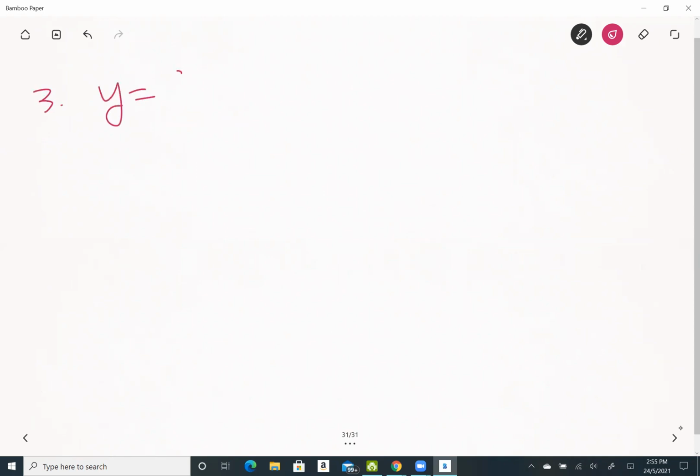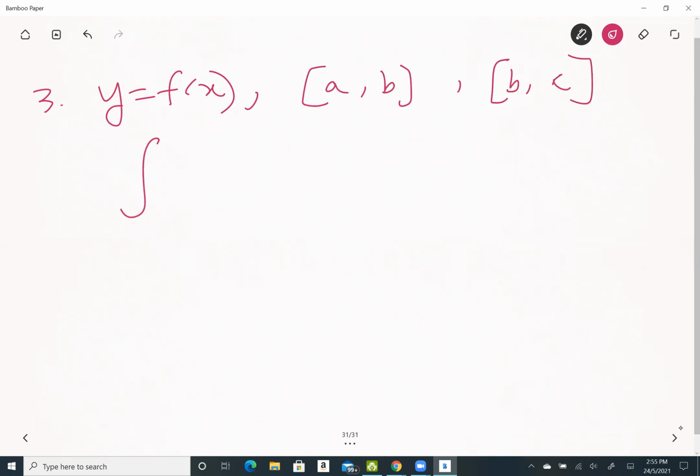I have y equal to f of x, and then we want to integrate over two intervals, a to b, and then another interval, b to c. So the integral will be the following: the integral from a to b of f of x dx plus the integral from b to c of f of x dx.